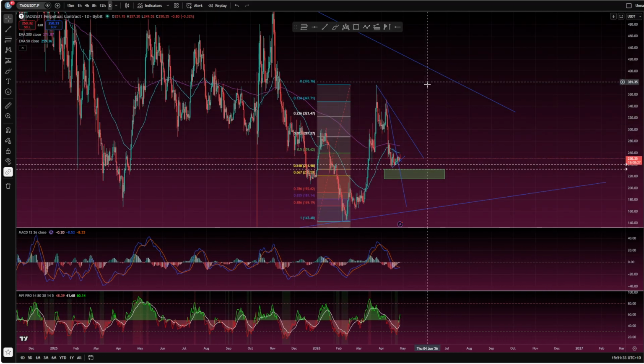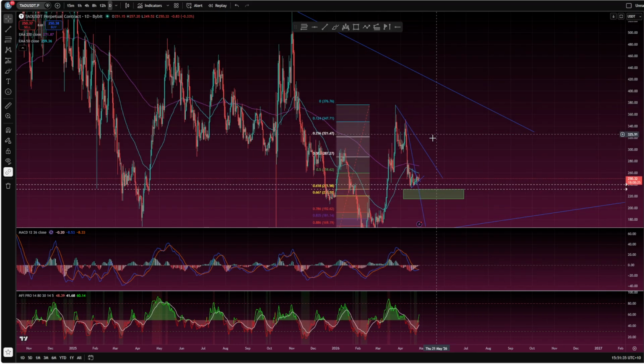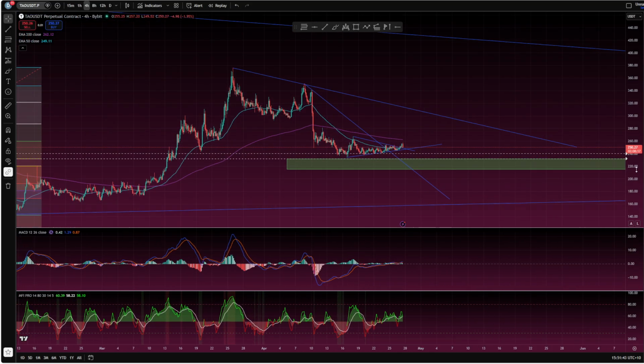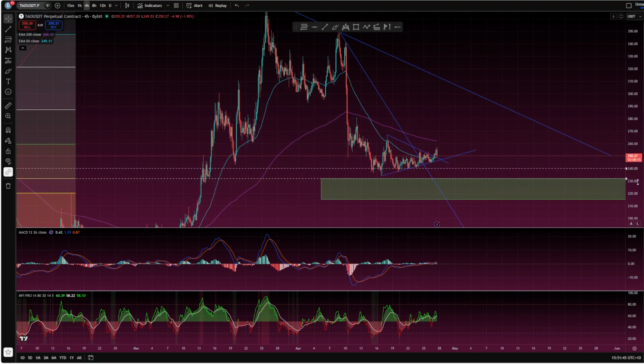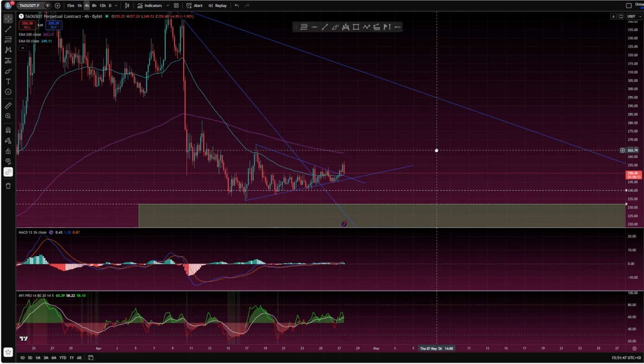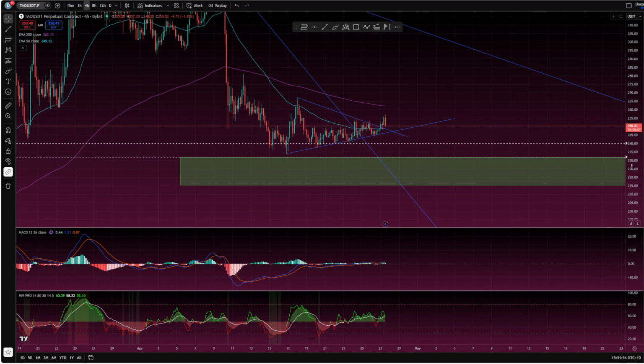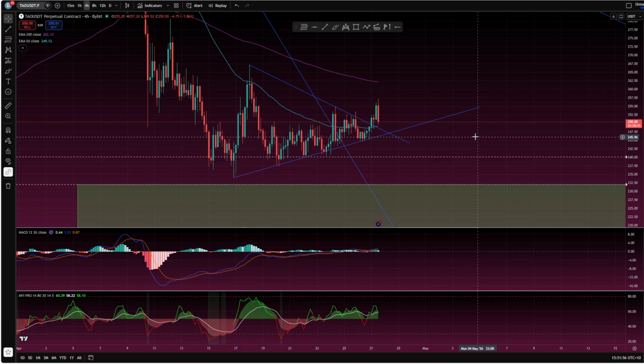So when you look at it at this view, it does seem a little bit convoluted, a little bit messy. But these are just points that if they do approach these trend lines, we'll keep an eye on. And the way that I do that is alerts.